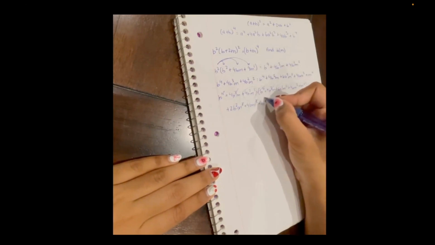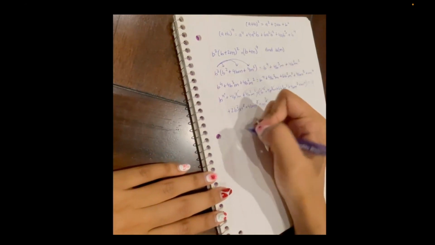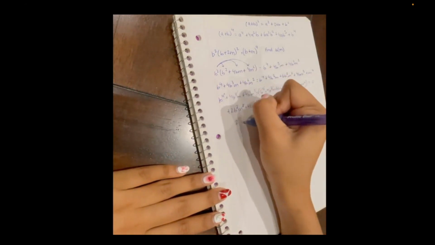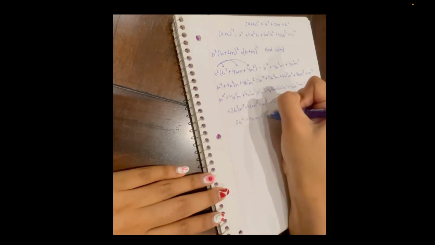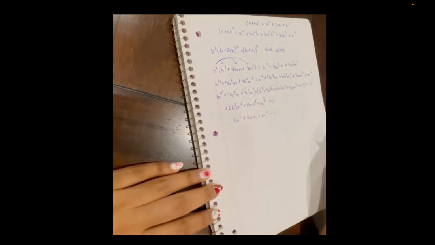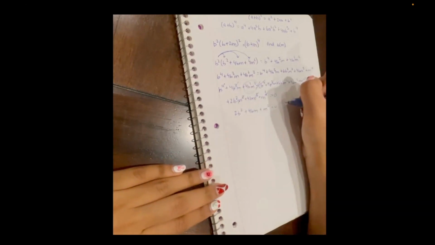Okay, so now let's divide everything by m squared, because if we do that, we'll see that we got a quadratic equation in b. So let's rewrite it. 2b squared with m squared. And we can just use the quadratic formula on this. So let me write the quadratic formula here.